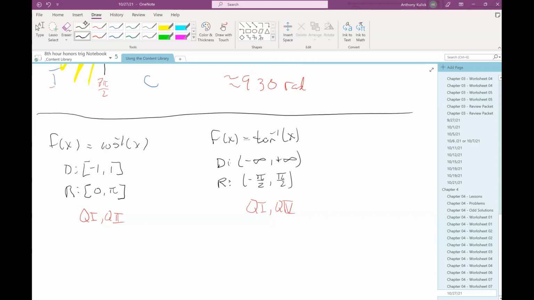Does the range of cosine being different actually change anything for those last couple problems that we did? No, not in terms of the way you set anything up. You can still do them all the same way.